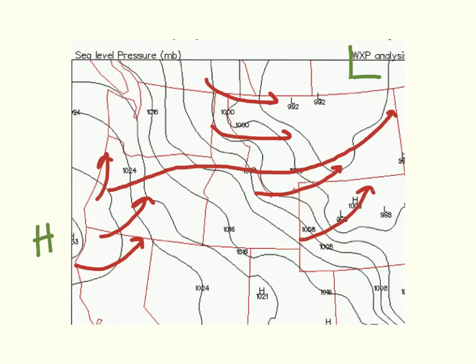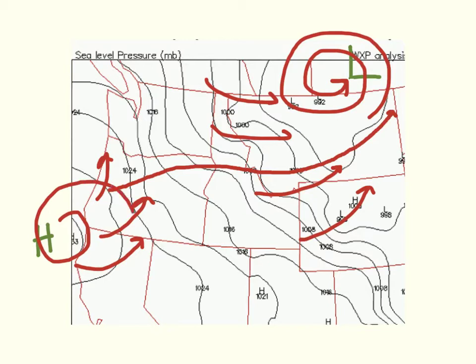But what we can see here is that we have this sort of counterclockwise flow around the low pressure center, and it spirals inward. And likewise we have clockwise flow that spirals outward from the surface high pressure.